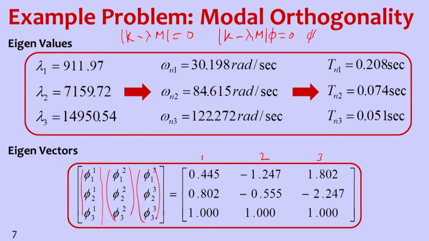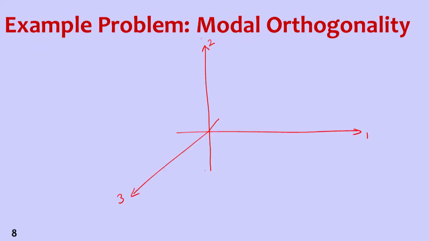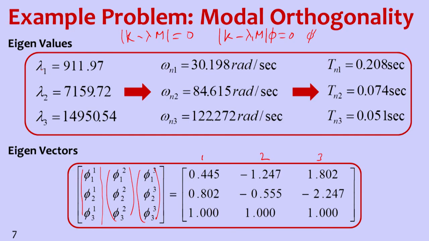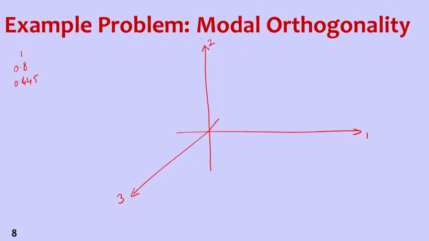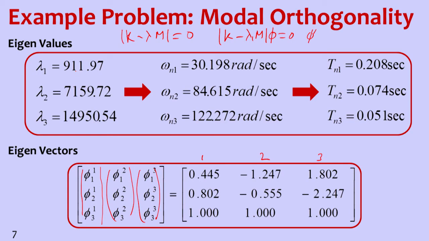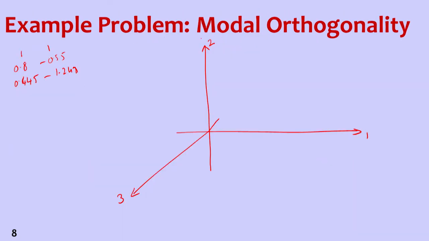Let us take the first mode: 1, 0.8, 0.445. The second mode is 1, minus 0.55, minus 1.247. Let's take the third mode also: 1, minus 2.24, plus 1.8.